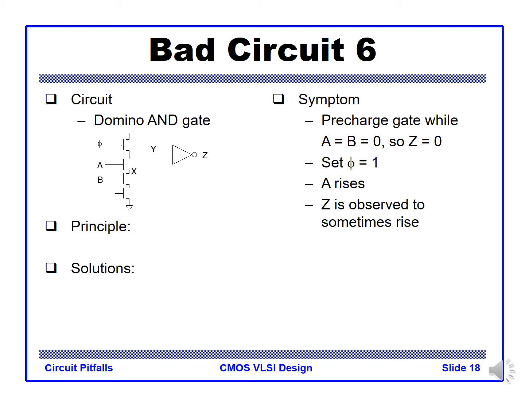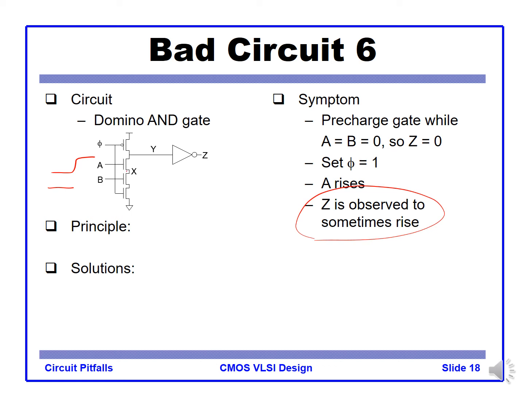We go into the evaluation phase, and then A rises, but B stays low. G is supposed to stay 0, but somehow G makes a transition.